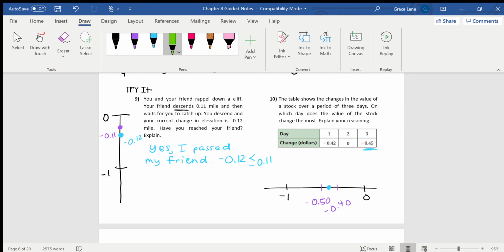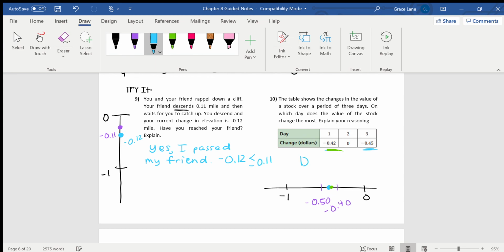And then day 1 is a little bit greater than that. And so which day did it change the most?